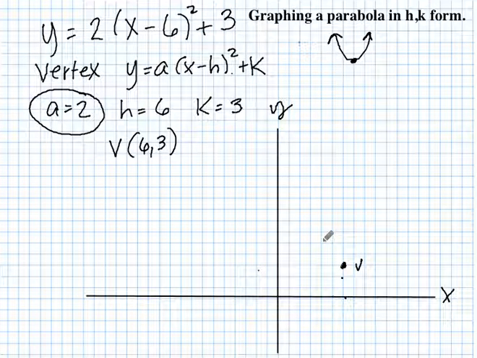All right, since I know that this parabola is going to be opening up, there's a couple of other things that I might be interested in finding as well. I might want to know where this parabola touches the y-axis. In order to find my y-intercept, I would simply replace x with 0.